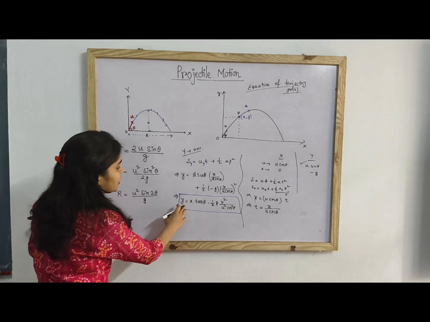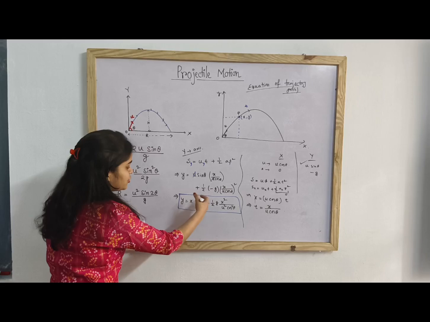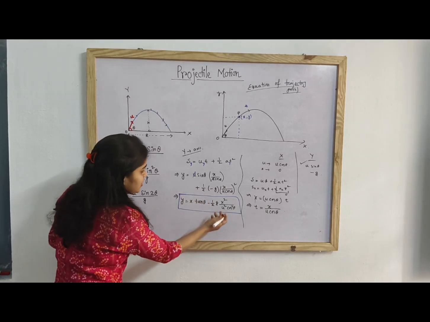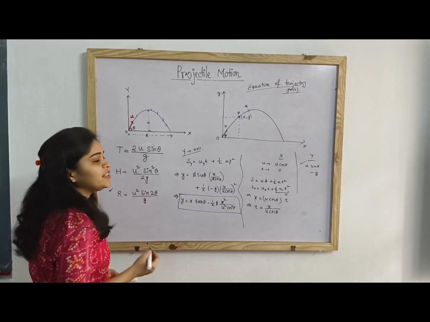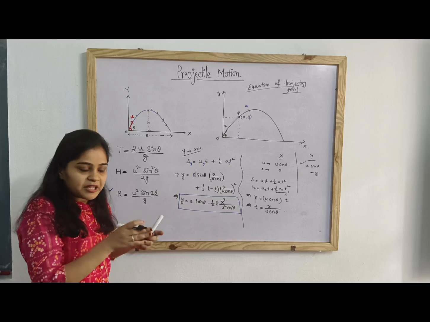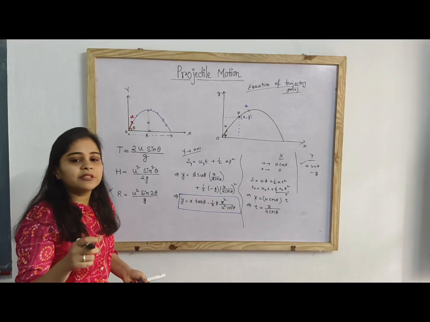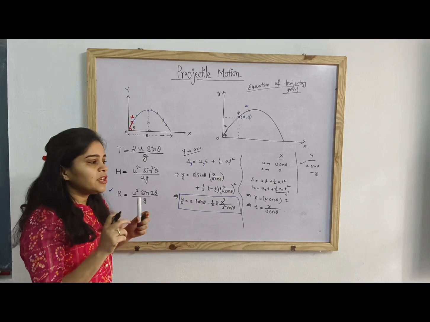Now you can see that on the left hand side you have y, and on the right hand side you have constant terms, but the power of x is x square. You know from the first chapter, at the beginning of class 11, there are mathematical tools, where some equations are given.